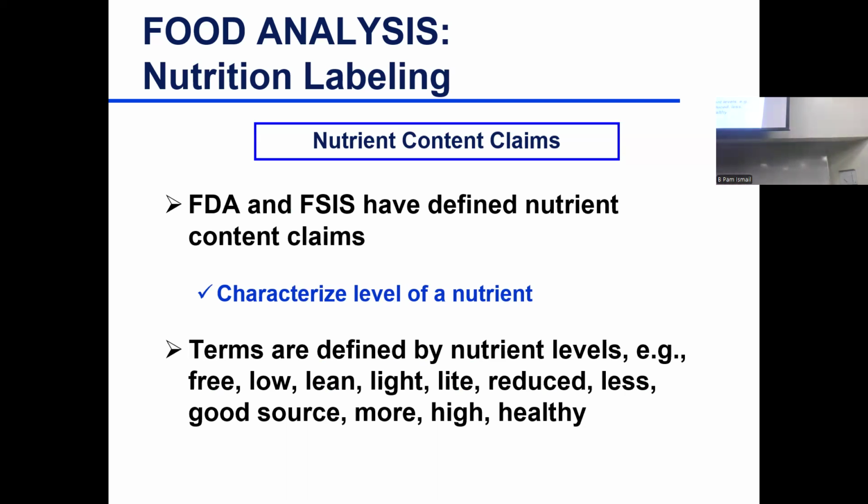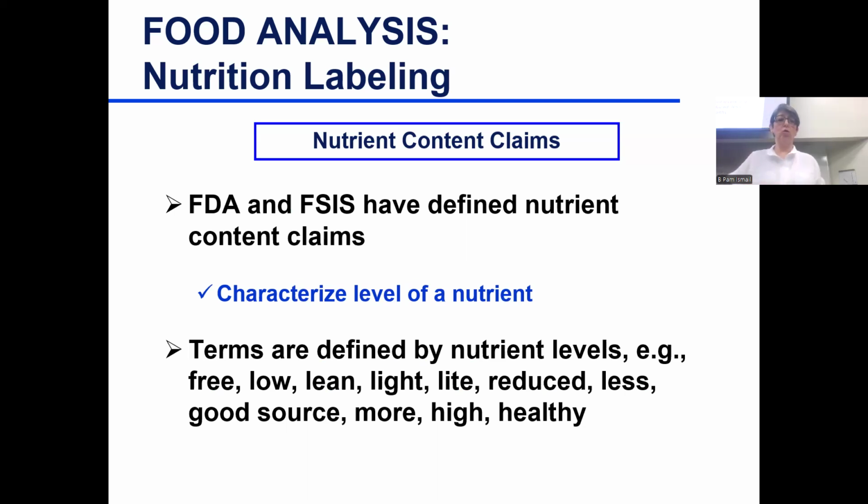For example, low sodium and heart disease, fiber and colon cancer. Things like that are health claims. A nutrient claim has to do with the component of the food, a nutrient of the food. So for nutrient levels, we can say free, like sodium free or fat free, low in fat, lean, light. Light can be used for fat or calories.